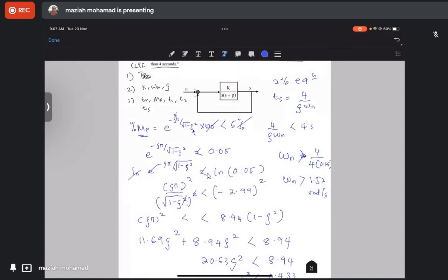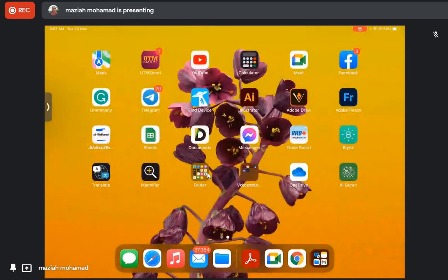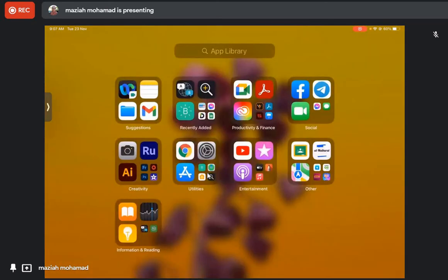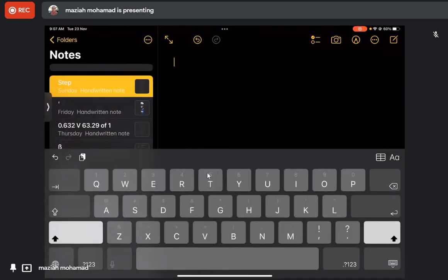So we need to get the transfer function because we need to determine the value of K and P. So we have a transfer function of K over s, s plus p, right?